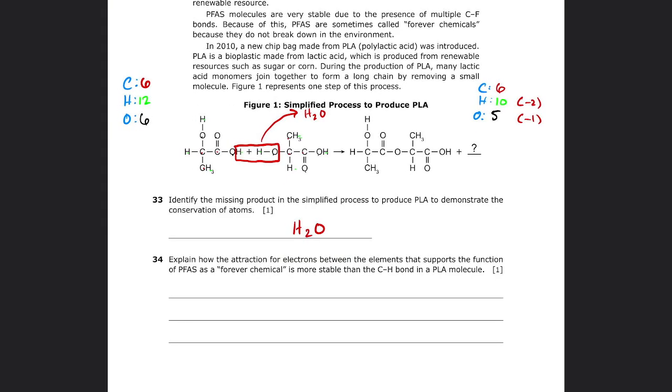Right, question 34 says, explain how the attraction for electrons between the elements that supports the function of PFAS as a forever chemical is more stable than the carbon-hydrogen bond in a PLA molecule. Hopefully, you had this experience when you took the Bend and Stretch State Lab because they talked about different bond energies and attractions and all that fun stuff.